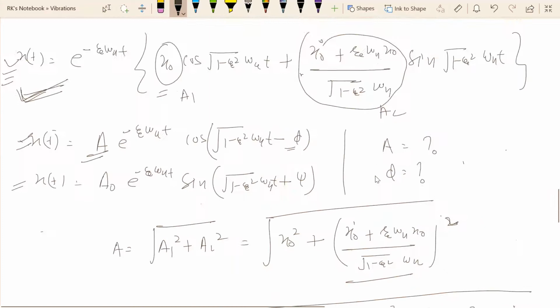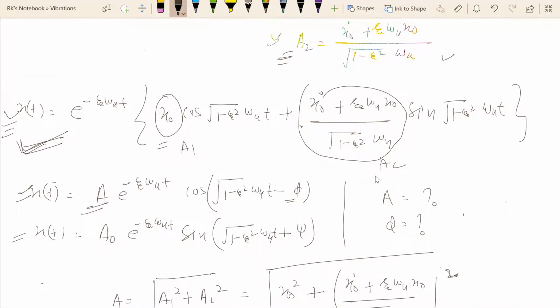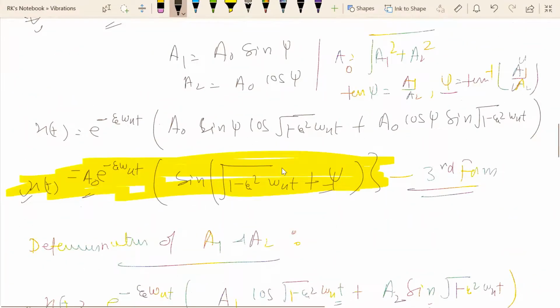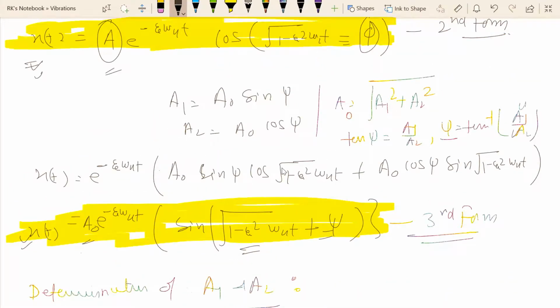Now this is our third form: A naught e raised to the power minus zeta omega n t sine of (square root of 1 minus zeta squared times omega n t plus psi). Here A naught and psi are given by A naught equals the square root of A1 squared plus A2 squared, and psi is tan inverse A1 over A2.